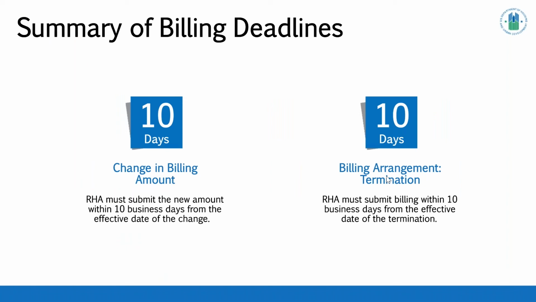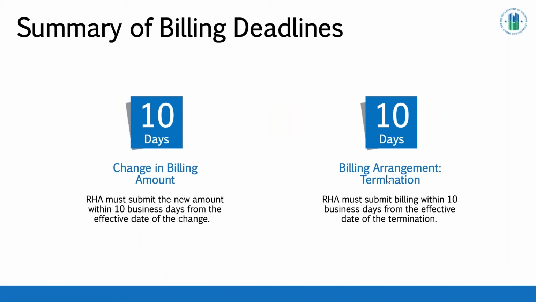I'm thinking, if a Georgia voucher ports to Tennessee in 2020, and Tennessee is billing the Georgia Housing Authority, and now the family transfers to another unit within that Tennessee jurisdiction, when is the billing deadline for the transfer? Not the initial transfer from Georgia to Tennessee, but from Tennessee to Tennessee.